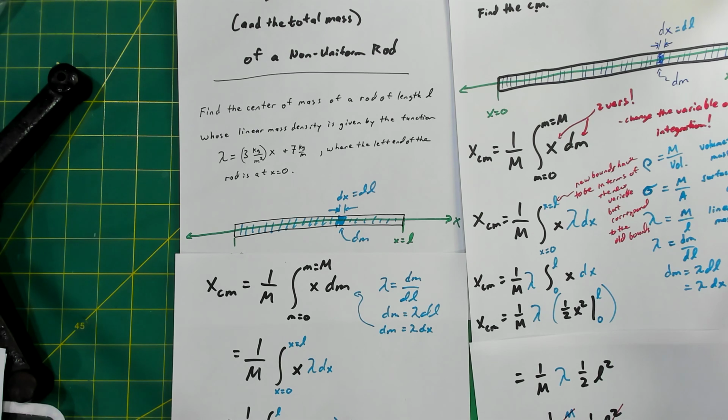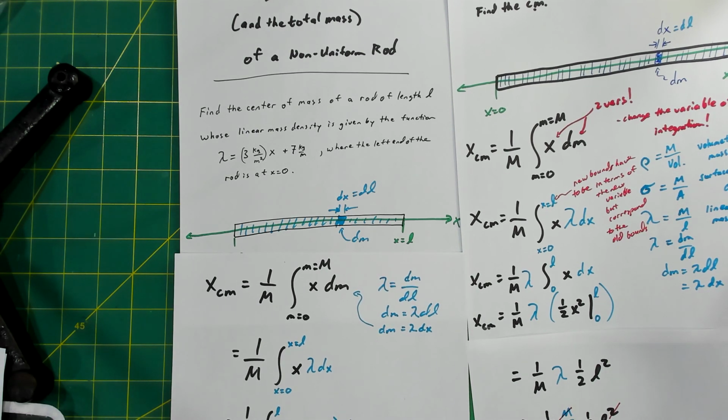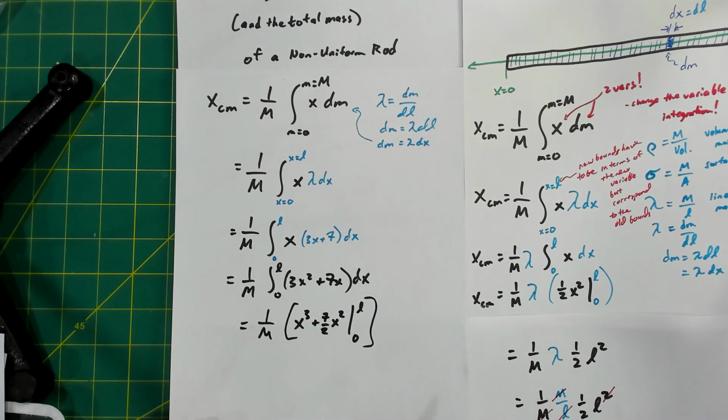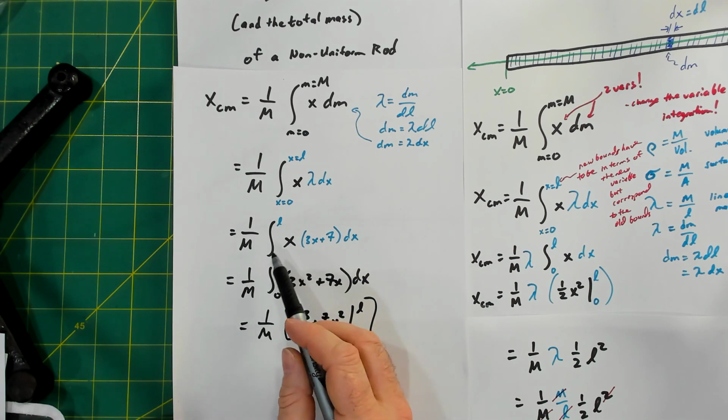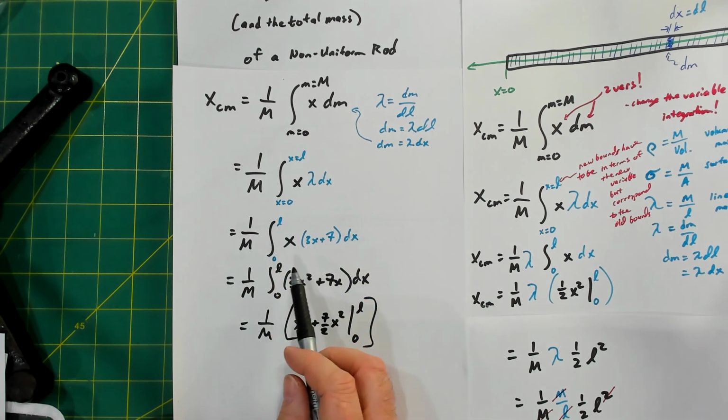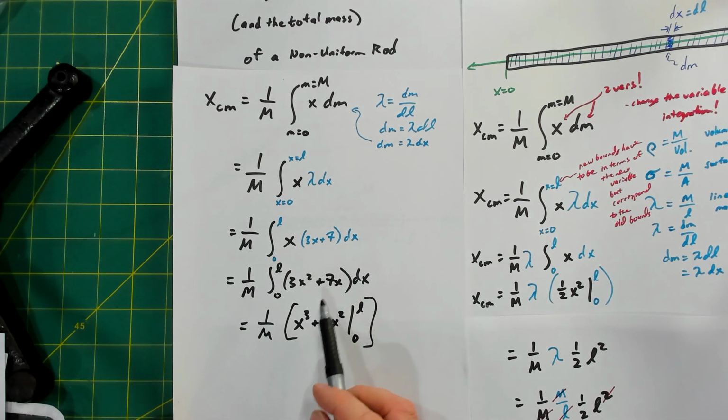And I still have that 1 over m out in front, right? Whoops, I went down. I'm so sorry, I went way down off the bottom edge of the page. Sorry about that. Again, taking my integral, swapping in the function 3x plus 7 for lambda, I just went ahead and distributed that x. Took my integral, the x squared would have been x cubed. When I took the derivative of x cubed, it would have kicked a 3 out in front.